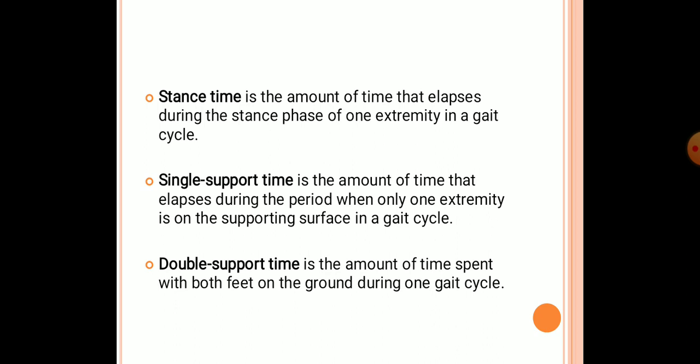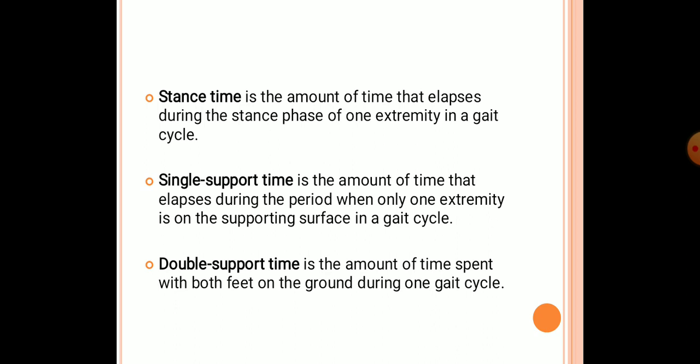All these measurements can vary from a child to an adult and to a geriatric or old age population. When we look into the old age population, the single support time is very less and the double support time is high. It is mainly because they have some mobility issues or physical problems, either strength loss or pain, which can increase the double support time and reduce the single support time.